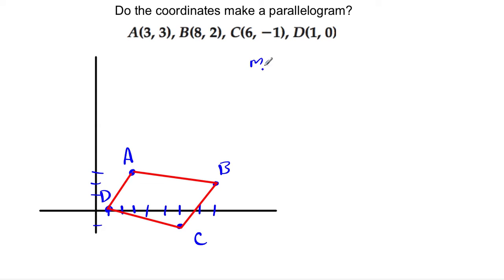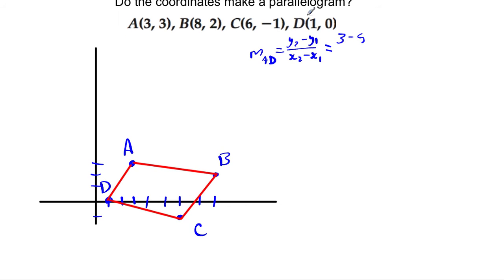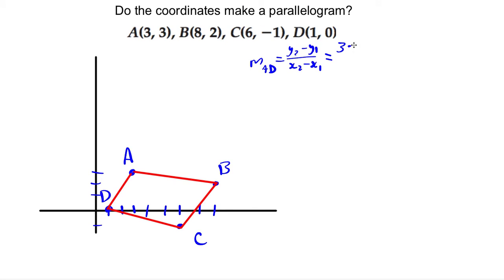So the slope of AD is equal to y2 minus y1 over x2 minus x1. So if I'm looking at AD, I could do 3 minus 0 over 3 minus 1, which is equal to 3 over 2.